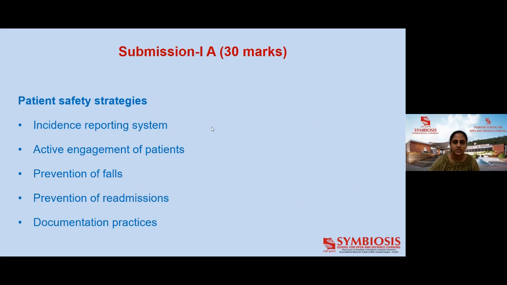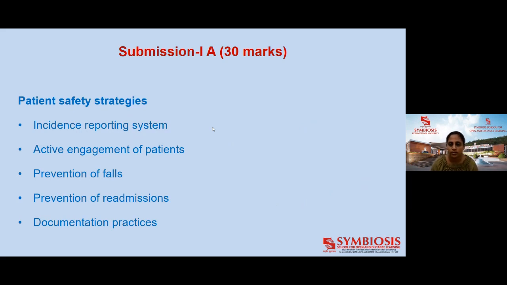Now let's see what is there in the submissions. In submission 1A, which is for 30 marks, you have a patient safety strategy question, which you have to answer with the given 5 points: incident reporting system, active engagement of patients, prevention of falls, prevention of readmission, and documentation practices. Okay, now what is incident reporting system?